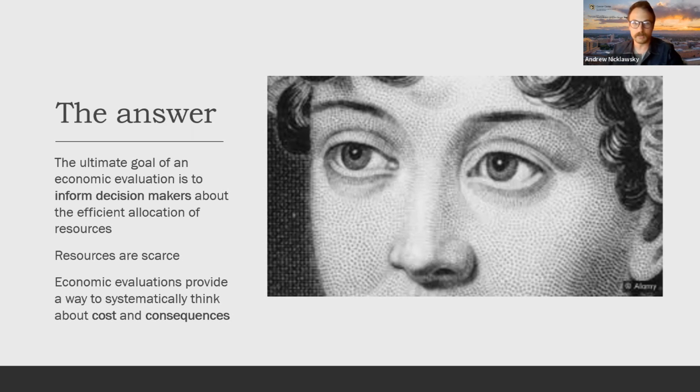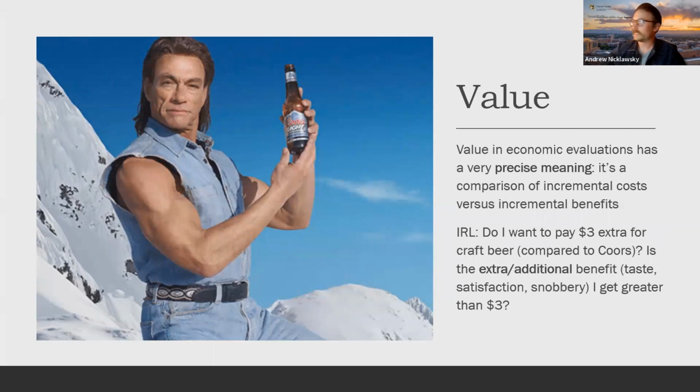So ultimately, what we're trying to do is derive value. And a kind of silly way to represent this would be, we're talking about beer. Value in economic evaluations has a pretty precise meaning. It's a comparison of incremental costs versus incremental benefits.